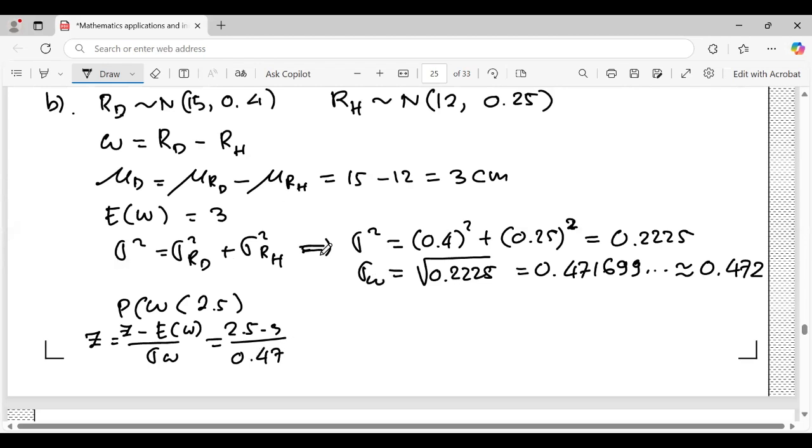This is the standard deviation of W. And if you calculate, the result is minus 1.0599. This is minus 1.06. And the cumulative probability corresponding to Z equal minus 1.06 is 0.1446. You can determine this number by calculator or by Z table.